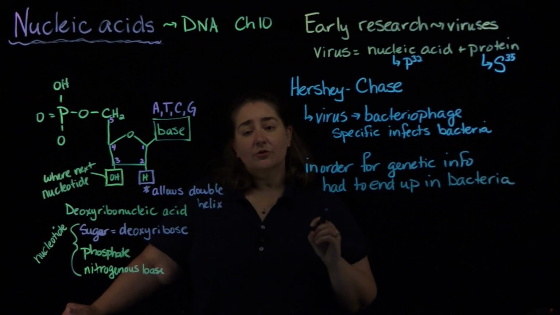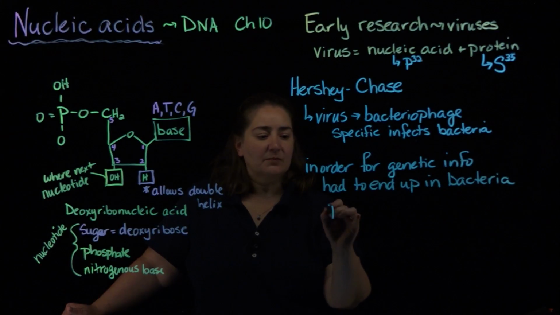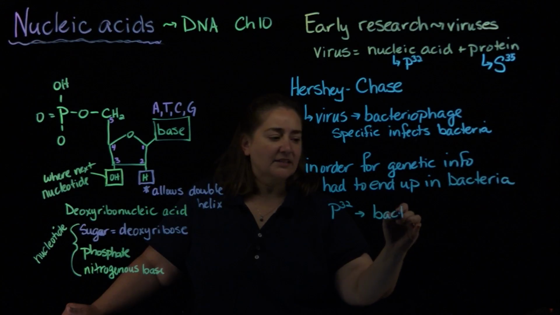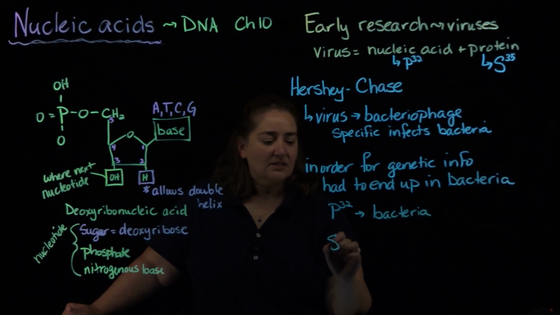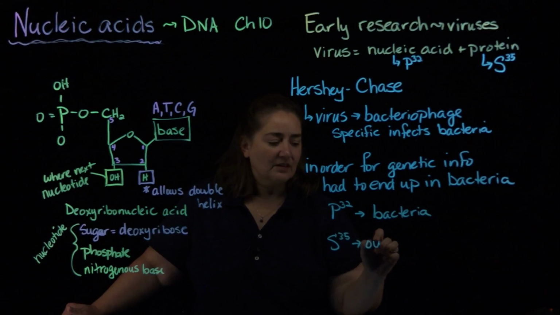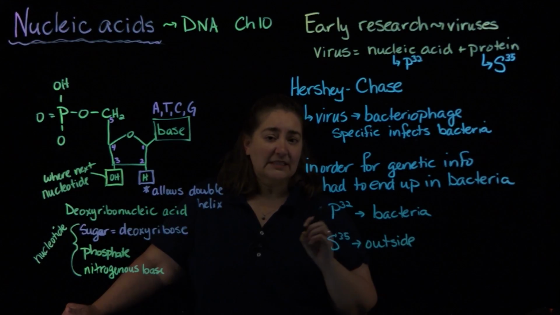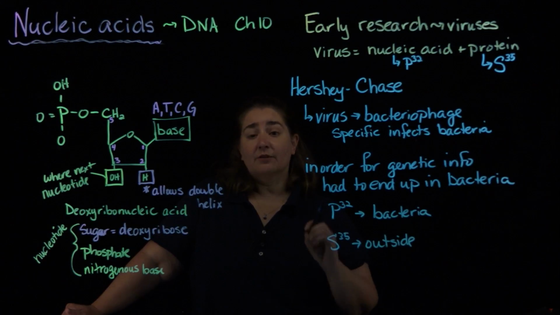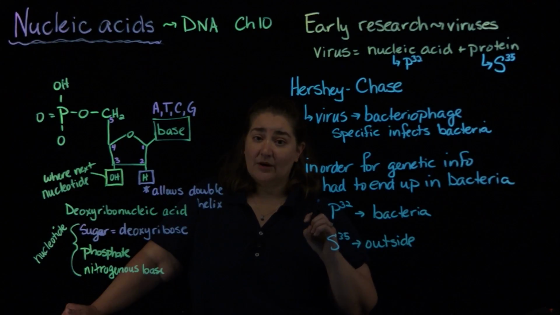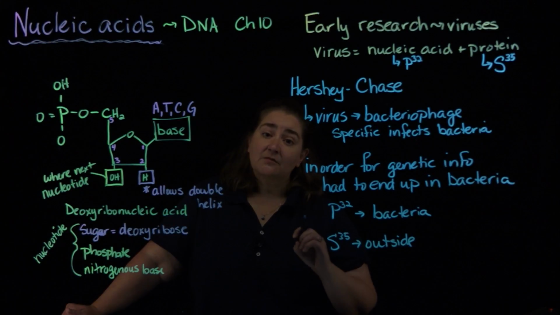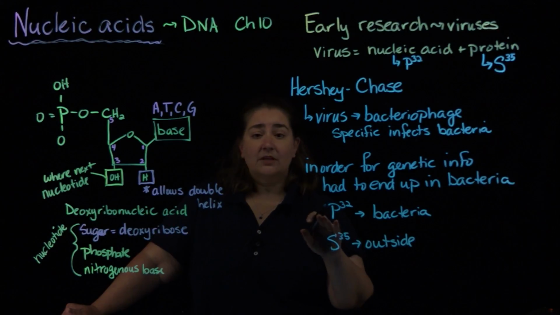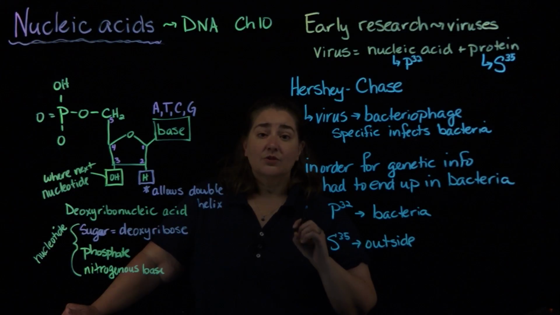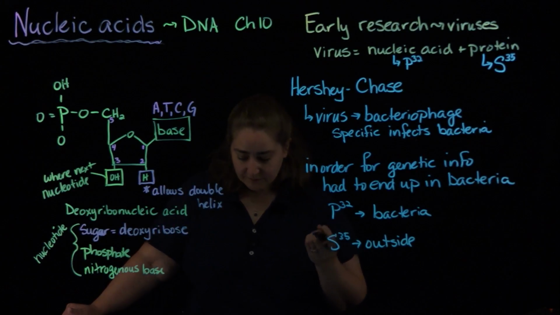And what they observed with their experiments is the P32 ended up in the bacteria. The S35 was outside, so it didn't get into the bacterial cell. What that told them, and what was really groundbreaking and neat about that experiment, is they definitively showed that DNA with the labeled P32 was the genetic information, okay?